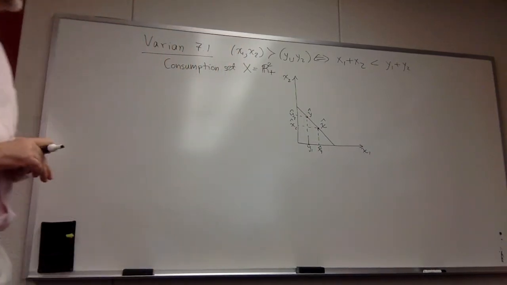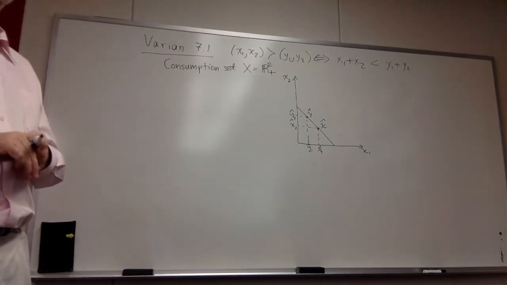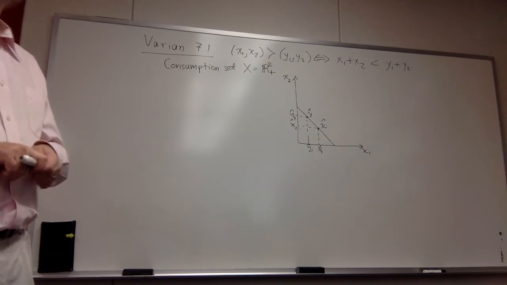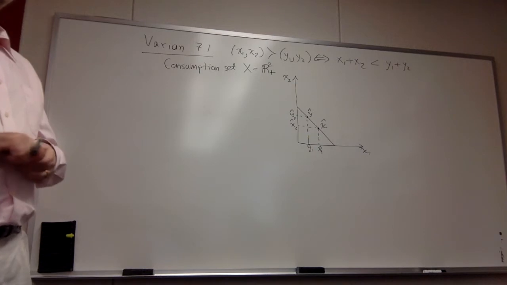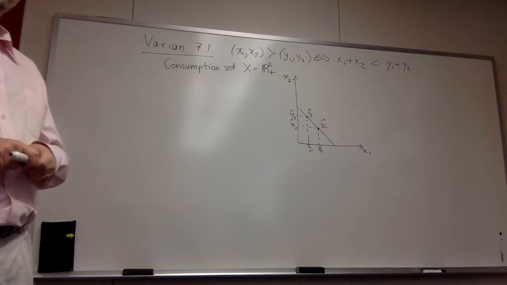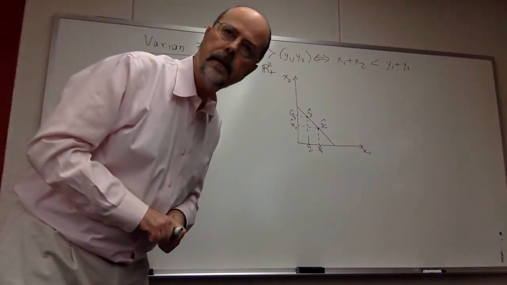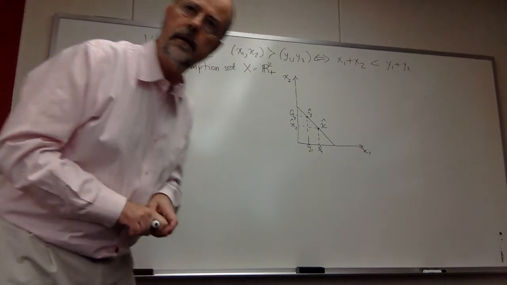Suppose I have some other point along this line. By the construction of this line, these 2 points are indifferent because the sum of their coordinates is the same. Do we agree? Is that clear for everybody?